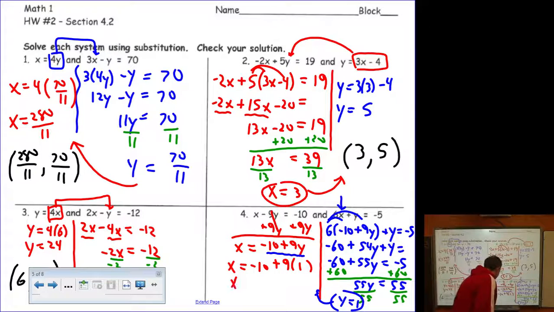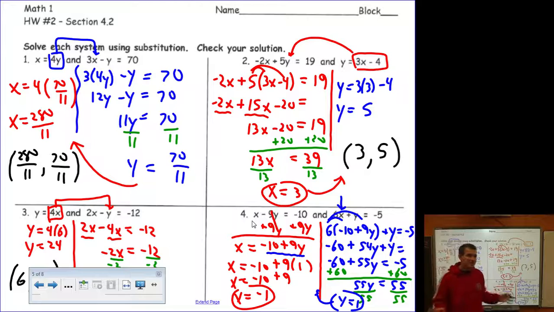That would be x equals negative 10 plus 9, or x equals negative 1. And so my ordered pair that is a solution to this system would be x equals 1, y equals negative 1. All right?